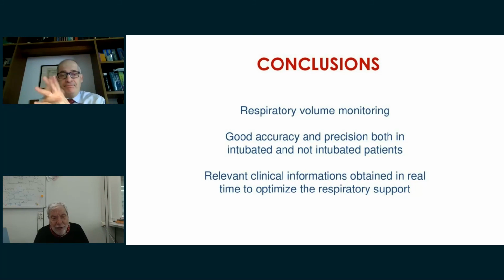Sometimes you find 10, 12, 15, 20. Remember that when you breathe normally, our swings of esophageal pressure are 2-3 centimeters of water. If we have 10, it's 5 times normal. If we have 20, it's more than 10 times normal. And it's a tremendous amount of energy which is required. So all that stress, strain, and so on. And if you just look at the patient, you don't see it.